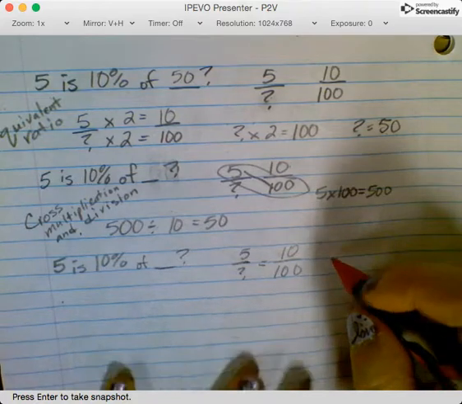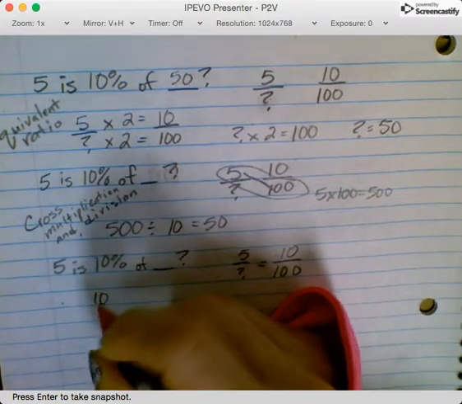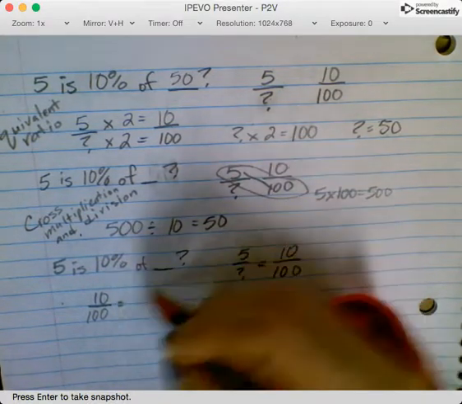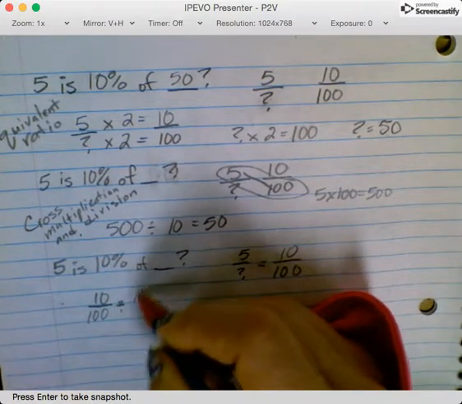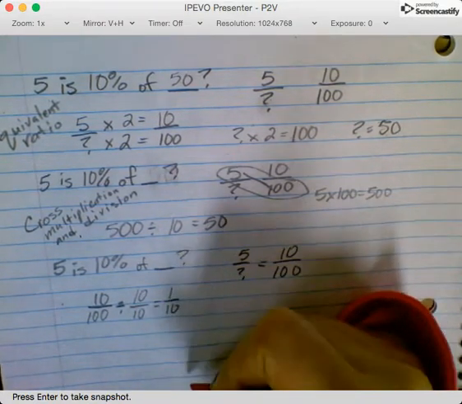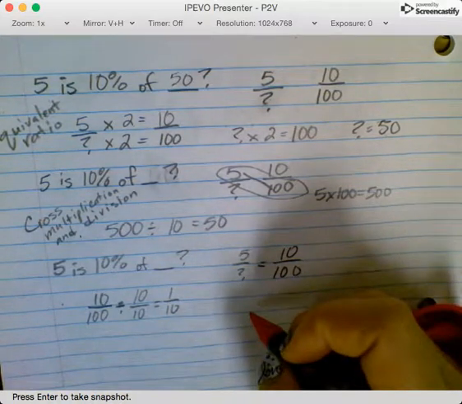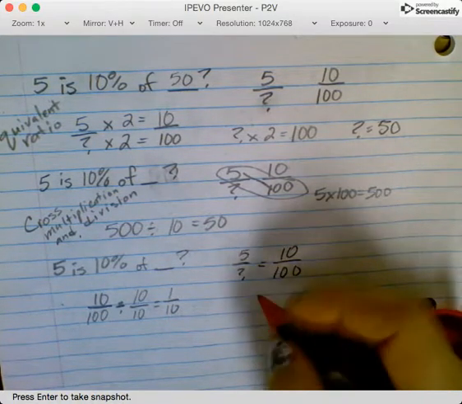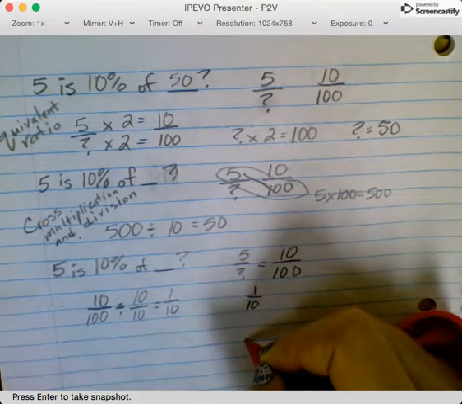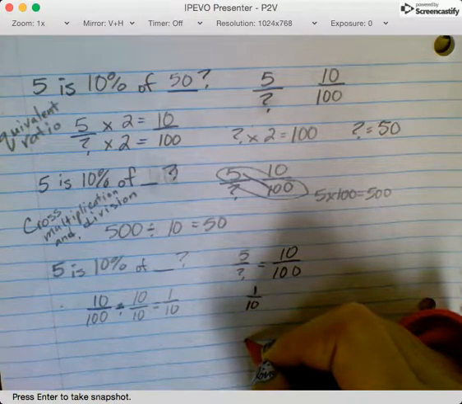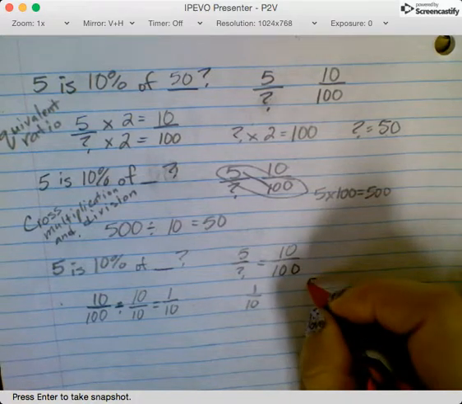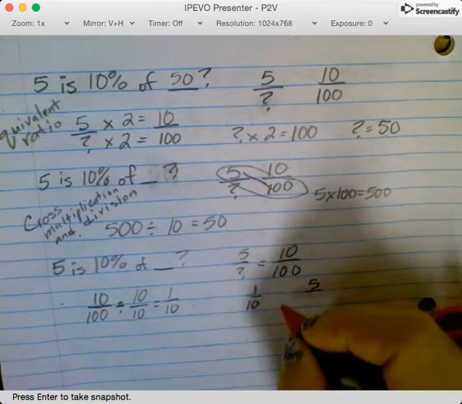If I reduce my percent, 10 over 100, so I divide that by 10, that would be 1/10. Then I take my 1/10, and I want to get from 1/10 to 5 over something.